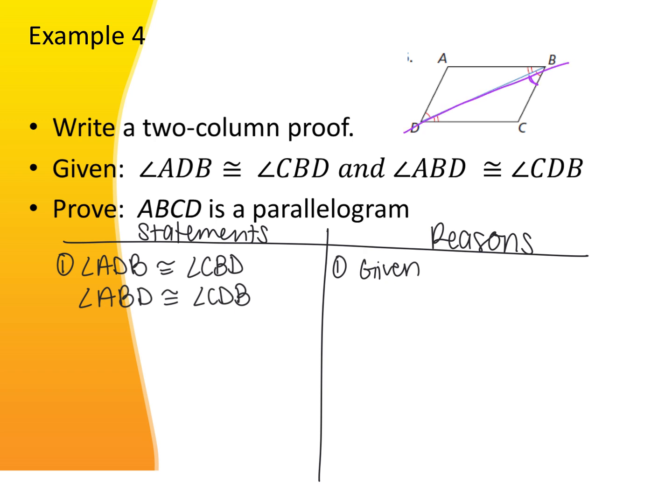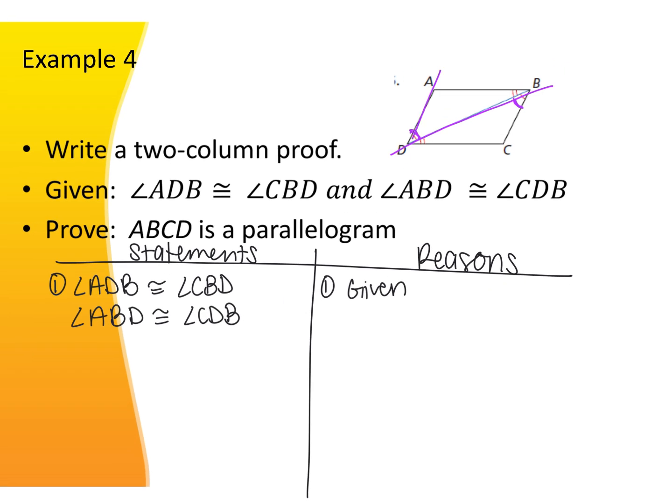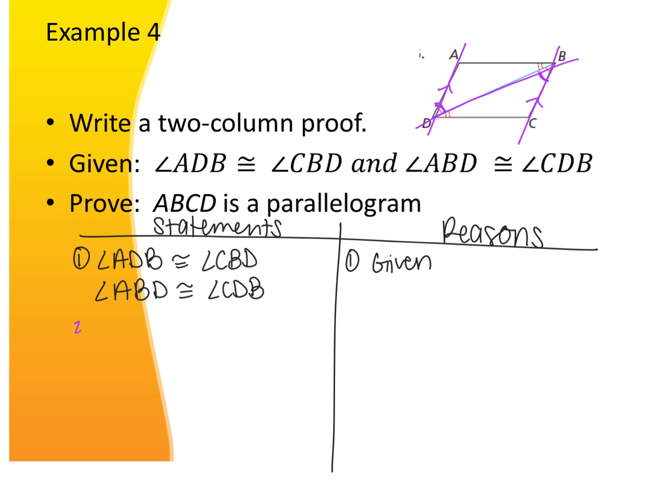I have congruent angles and a transversal. So what is that saying about my lines? That's telling me that my lines are going to be parallel. So I can go ahead and state what is going to be parallel. Looking at my next statement, I can say AD is parallel to BC.